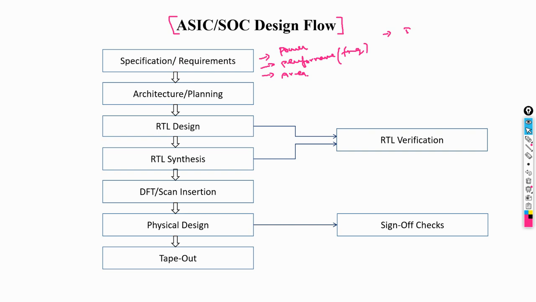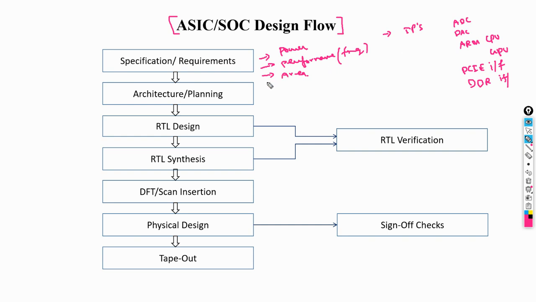When I say IPs, say you have ADC, DAC, ARM CPU, ARM GPU, your PCIe interface, and your DDR interface. These are some of the IPs, and then you may have a memory bank and all of that.